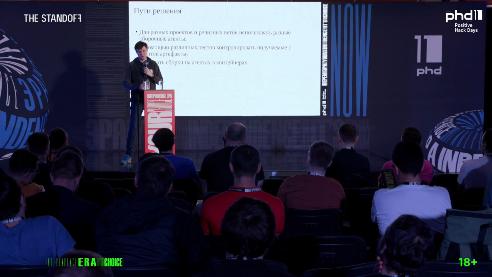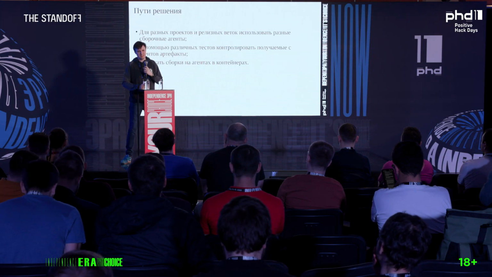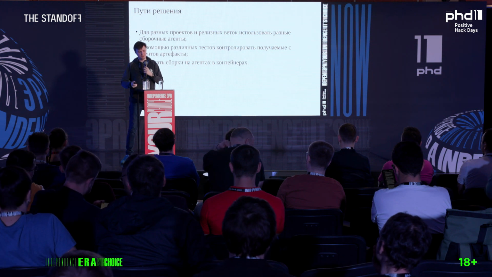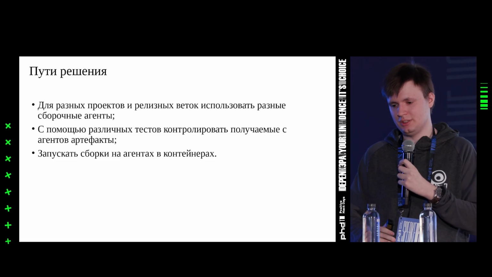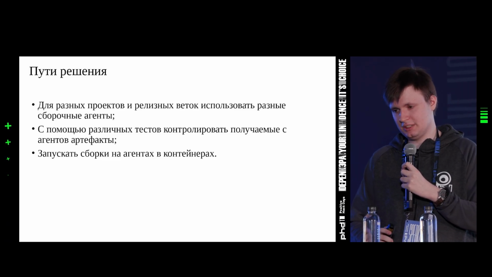Use container technologies so that when the scripts are modified, you don't grant access to the whole agent system, but rather to the container. Then, when you get access to the container, you won't be able to modify other builds on the same agent.